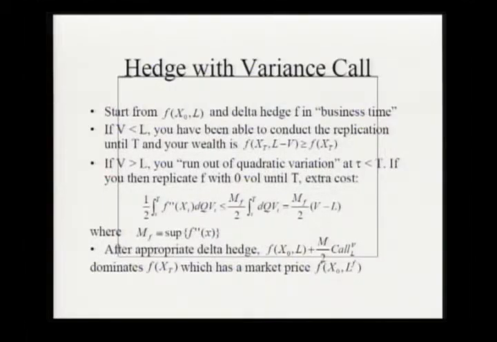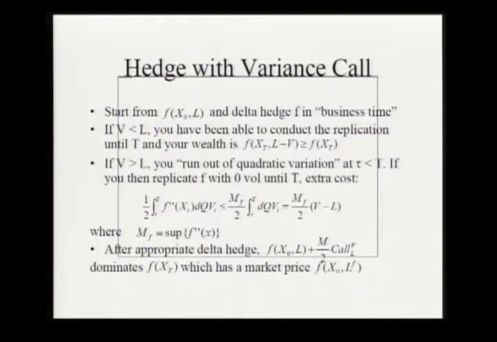So I get the integral of the quadratic variation between tau and t, which is the quadratic variation at t, called v, and the one at tau, which was L, because tau was the time when you reach L, when you run out of gas.